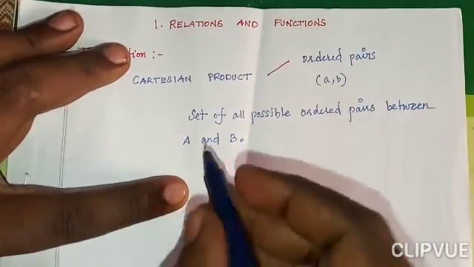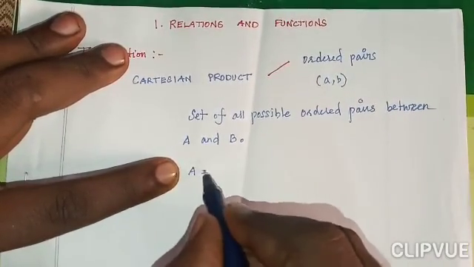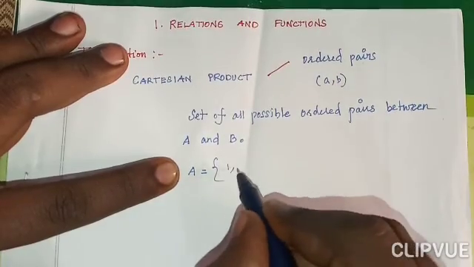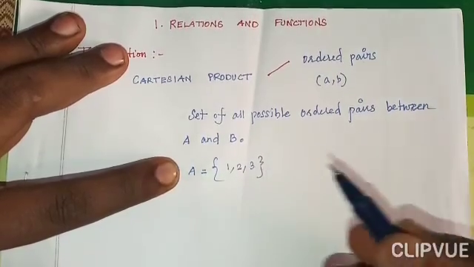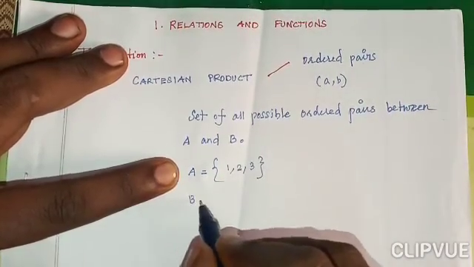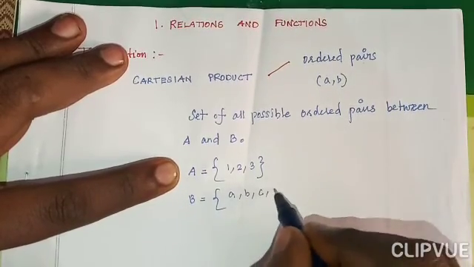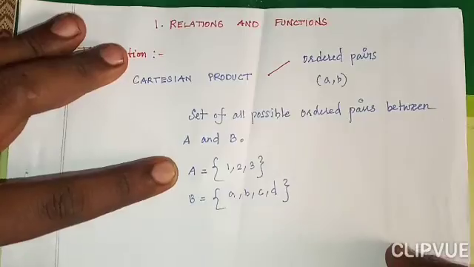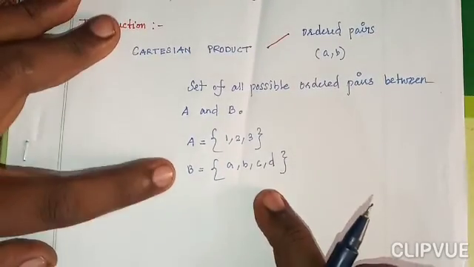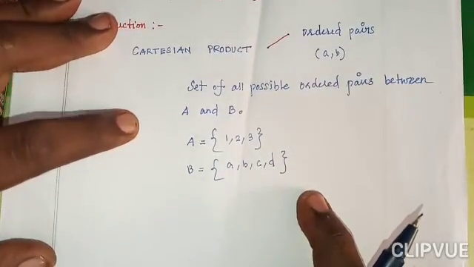If I take the set A equal to {1, 2, 3} and the set B equal to {a, b, c, d}, set A contains 3 elements and set B contains 4 elements.